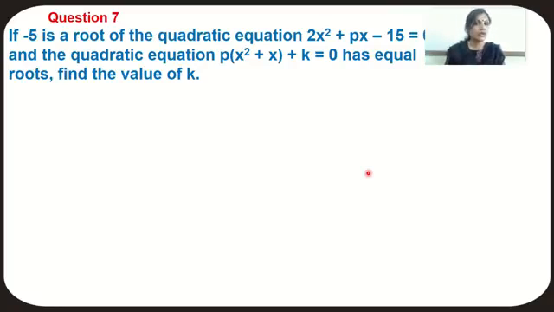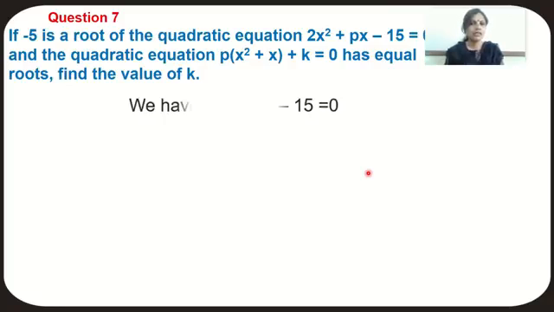So from the first equation we can get the value of p. From the second equation we are given the condition that the roots are equal. So we will make use of the condition discriminant is equal to 0. We will substitute the value of p there and then we can find the value of k. Just check out how we are going to go about it.